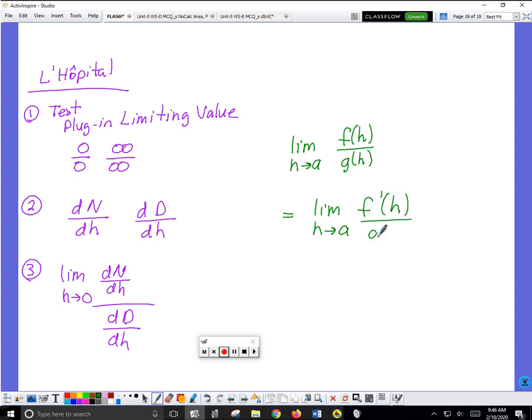That's how you'll see it if you Google L'Hopital's rule. They'll say as long as the test is successful, this is true. And that's what we're following. We're creating a new limit problem by finding the derivative of the top and bottom. Question?